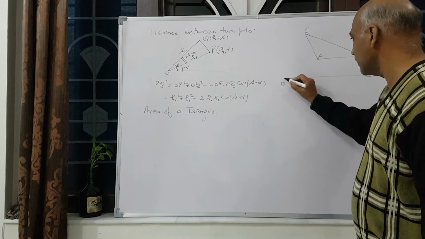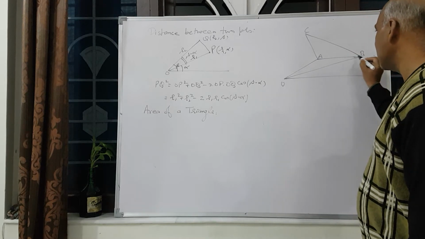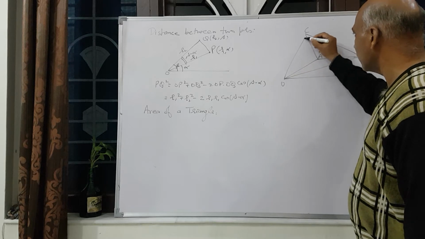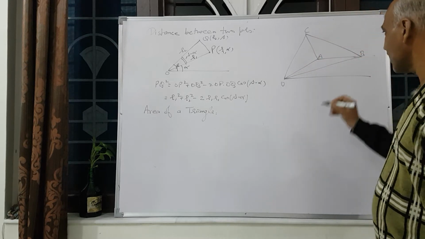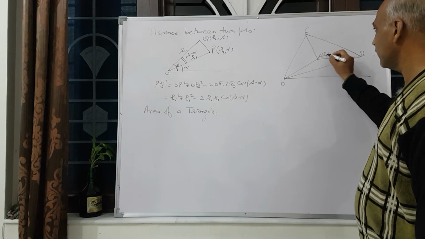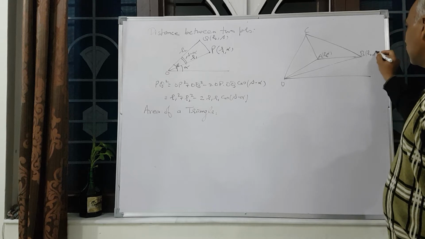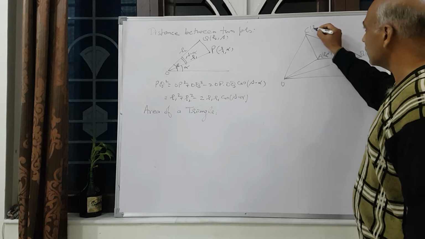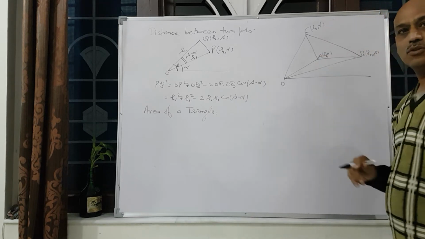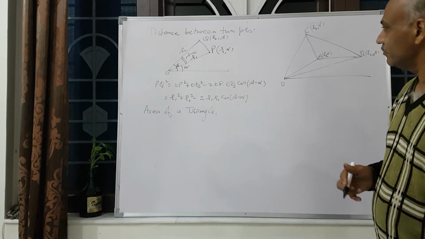So from the fixed point, this is the distance to A, this to B, and this to C. Suppose the coordinates of A, B, C are (R1, alpha), (R2, beta), (R3, gamma).